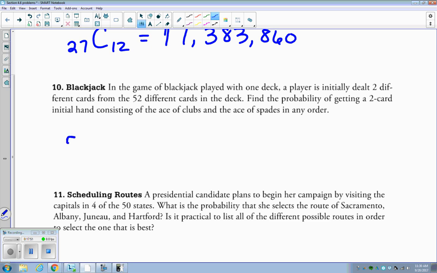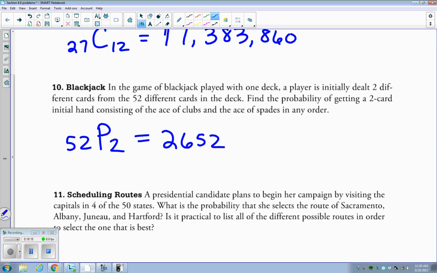So I've got 52 cards, and I'm taking 2. And when you do that, what is my number? What is it? 2,600?